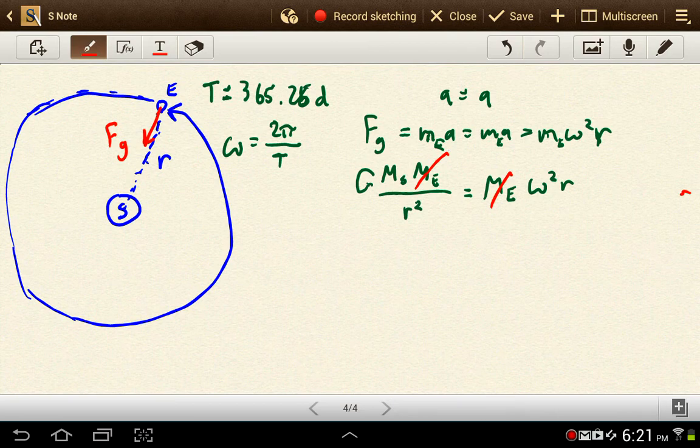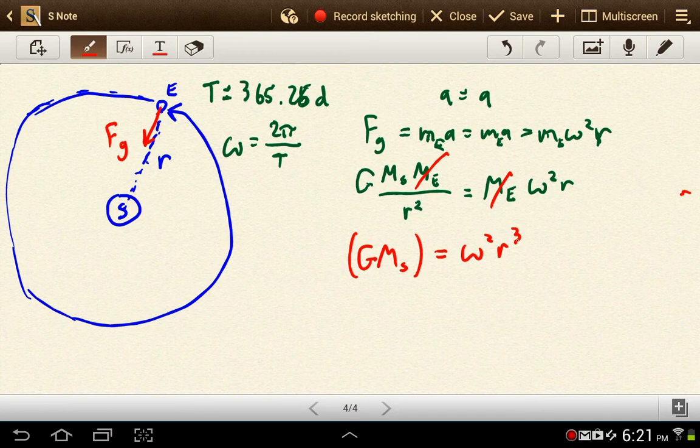So what are we trying to find here? Right, we're trying to find GMS. So I'm going to rearrange this to leave GMS alone on the left-hand side, and I'll put parentheses around it just to make it feel special. That's going to be equal to omega squared times r cubed.